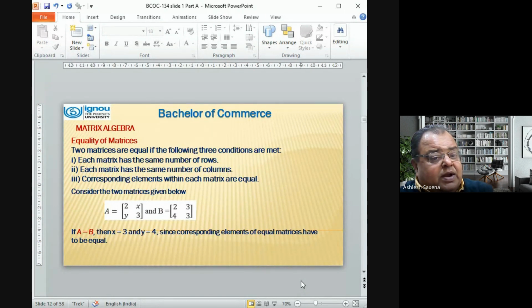Now, diagonally you can see that there is 3 in matrix A and 3 in matrix B. We have to find the value of X and Y. So X straight away will be equal to 3 and Y will be equal to 4.